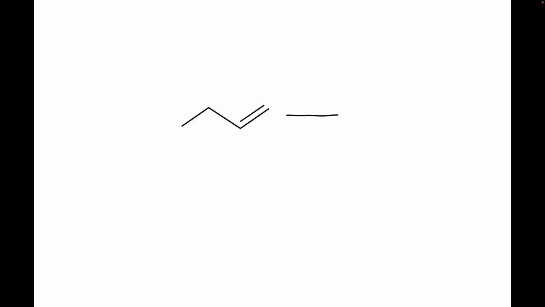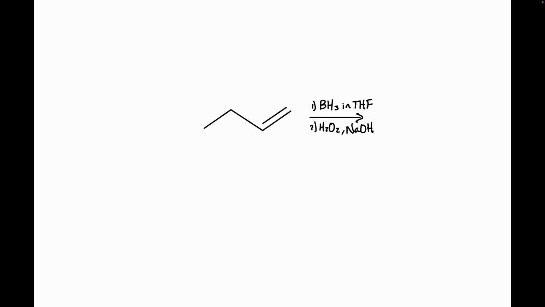You're going to show me on one side the reaction that we would get with borane, THF, H2O2, NaOH. And on the other side, you're going to show me the one with that mercury business.